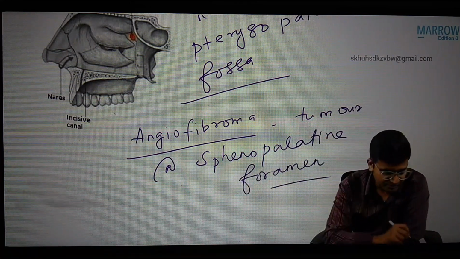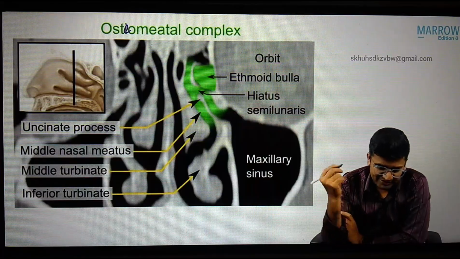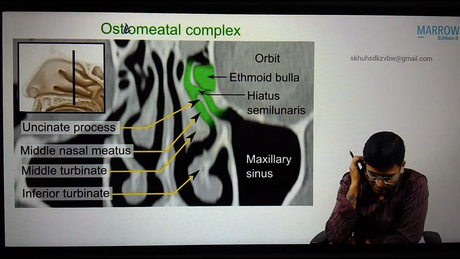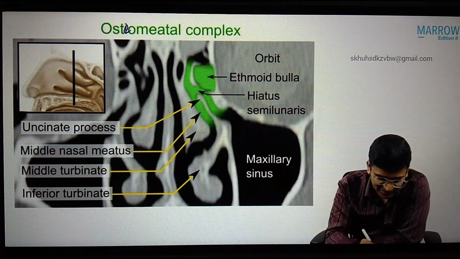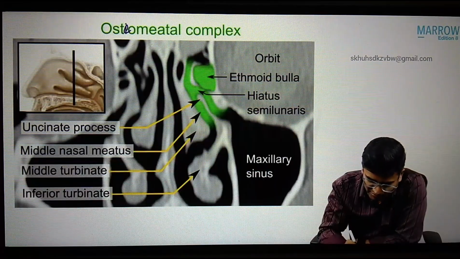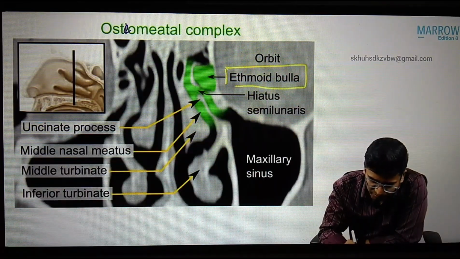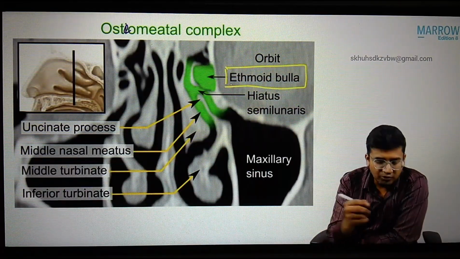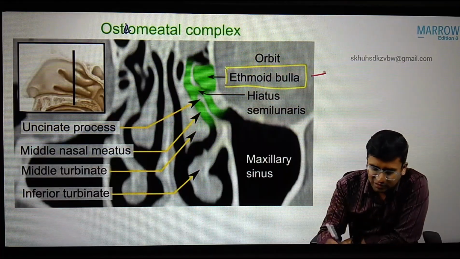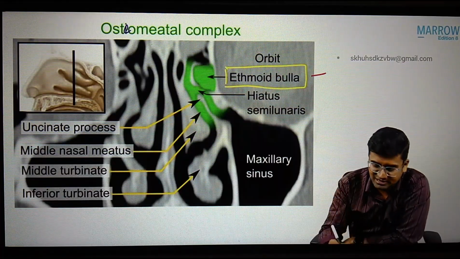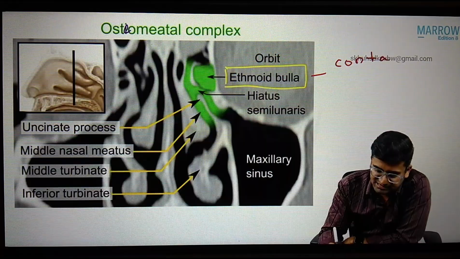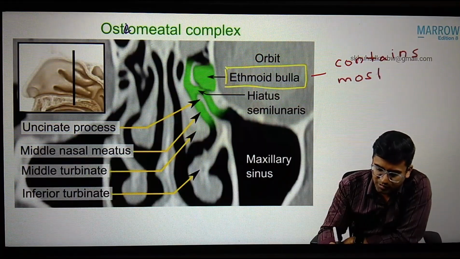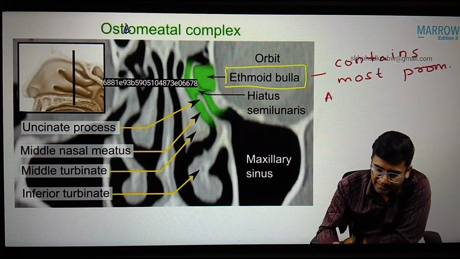Yes. So, next we are going to see the osteomeatal complex. See the diagram. Now in this diagram, we are seeing the bulla ethmoidalis, which contains the most prominent anterior ethmoidal cell.